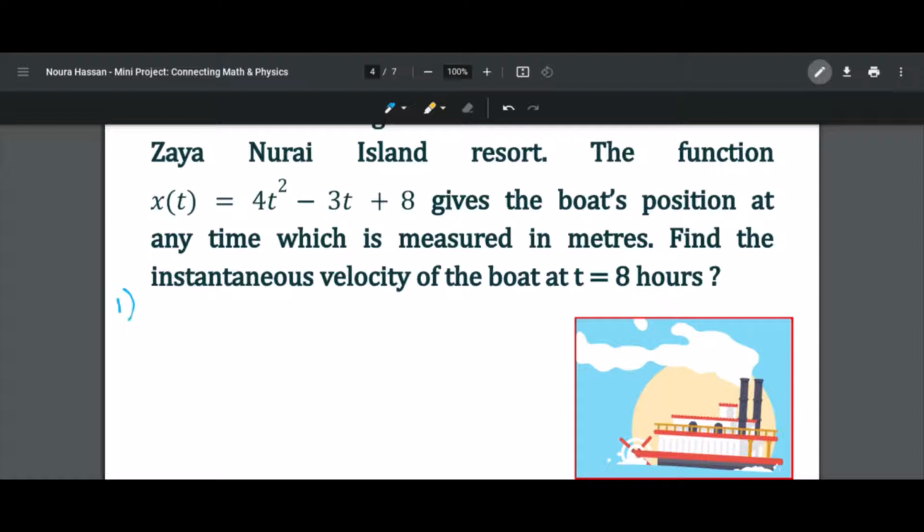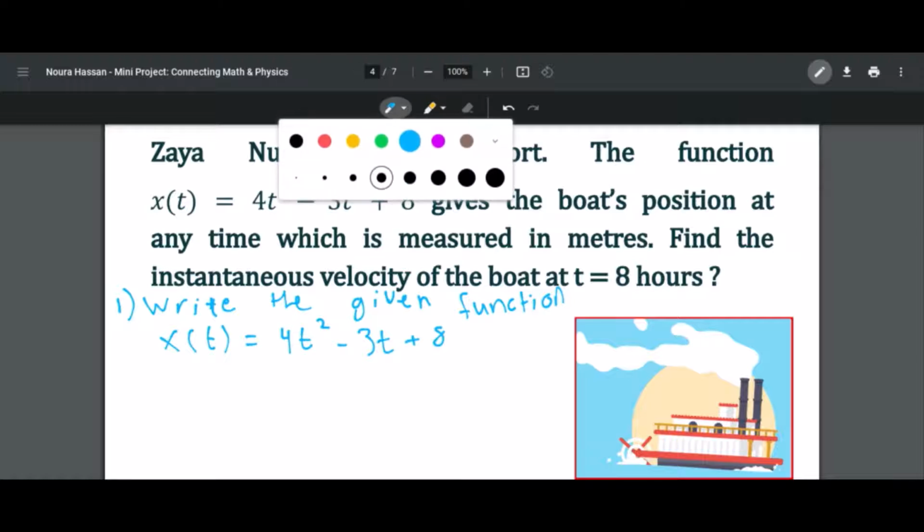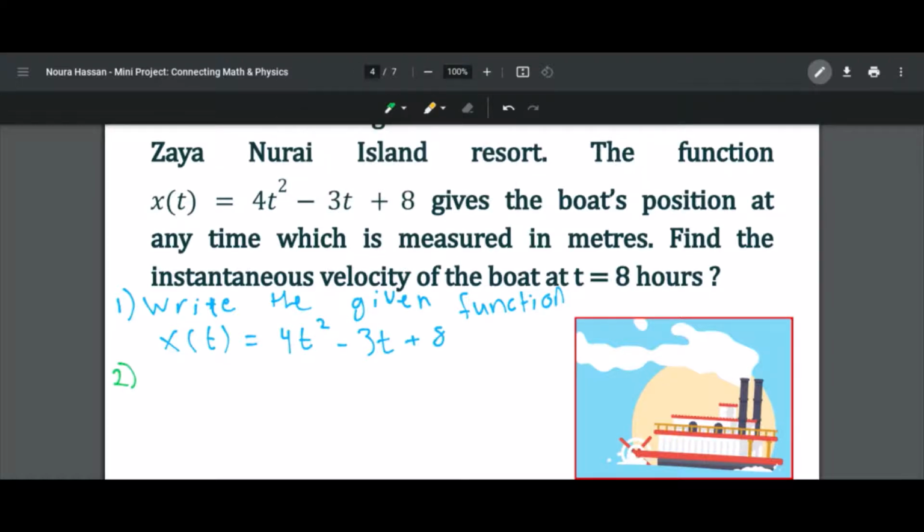Step 1 is to write the given function, which will be x of t equals 4t squared minus 3t plus 8. Step 2 is to find the derivative of the function.